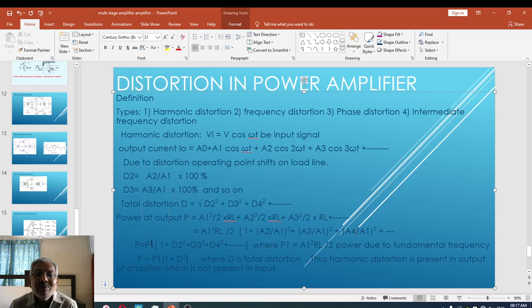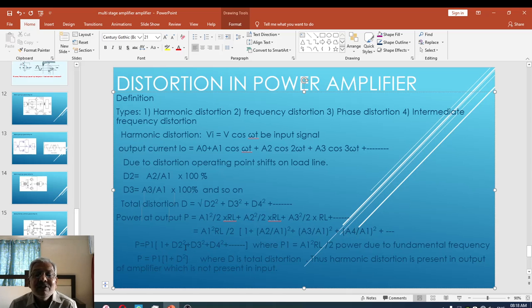P is equal to P1, the power due to the fundamental frequency, first harmonic, into bracket 1 plus D2 square plus D3 square plus D4 square and so on, where P1 equal to A1 square RL upon 2 is the power due to the fundamental frequency. Therefore, the net power is given as P equals P1 into 1 plus D square.